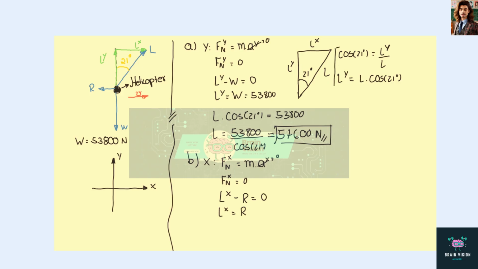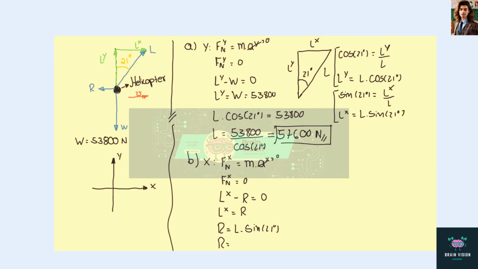Well, we can repeat this idea to get it. The sine of 21 degrees is equal to the opposite side of the triangle, Lx divided by the hypotenuse L. Therefore, Lx is equal to L times the sine of 21 degrees. Then, the resistant force is equal to L times the sine of 21 degrees.